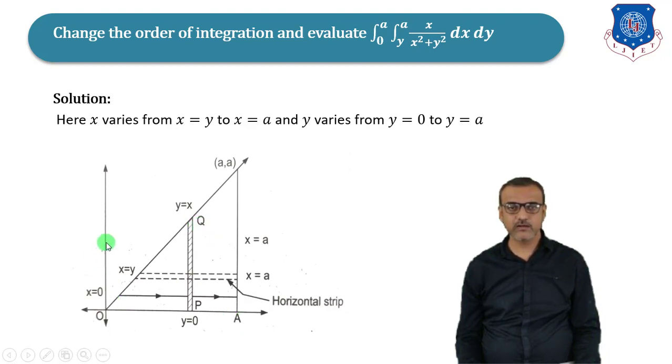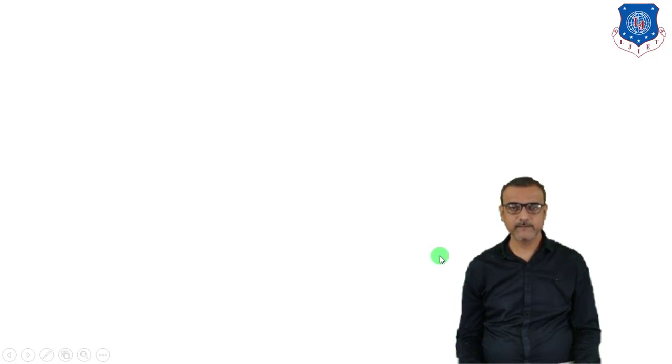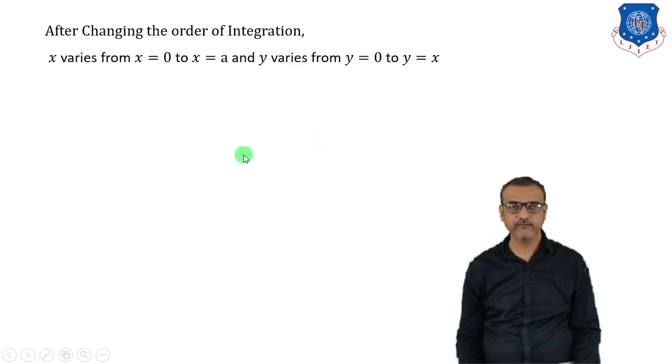So the outer limit is from x equals 0 to x equals a, and the inner limit is from y equals 0 to y equals x. After changing the order of integration, x varies from 0 to a, and y varies from 0 to x.